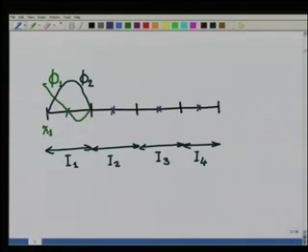So, by the same token, phi3 is like this. Then phi4. Phi4 should be 1 here, 0 at all other points. Similarly, phi5 will be 1 here, 0 everywhere else.